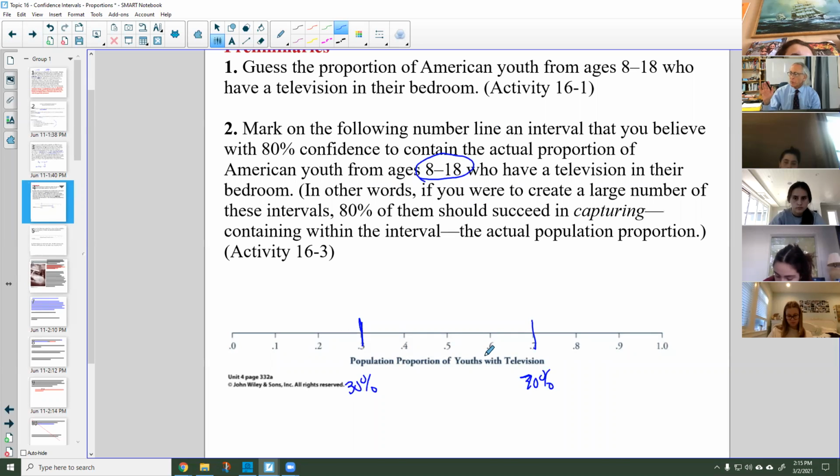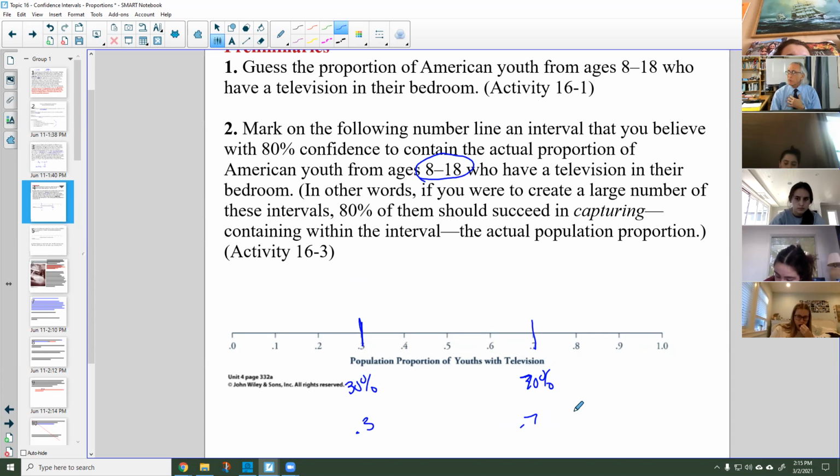Does that make sense to everybody? Okay, so the interval that I am, in my very unscientific way, 80% confident in is 0.3 to 0.7.